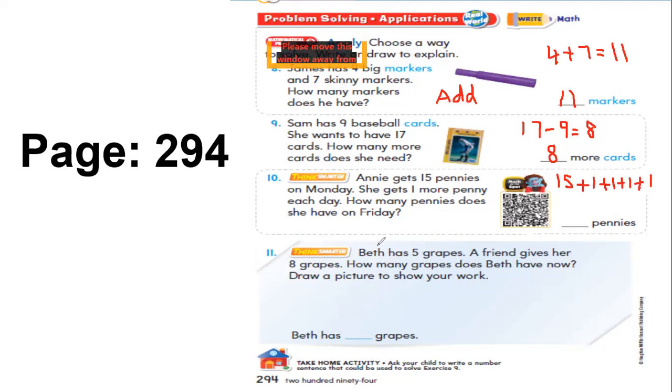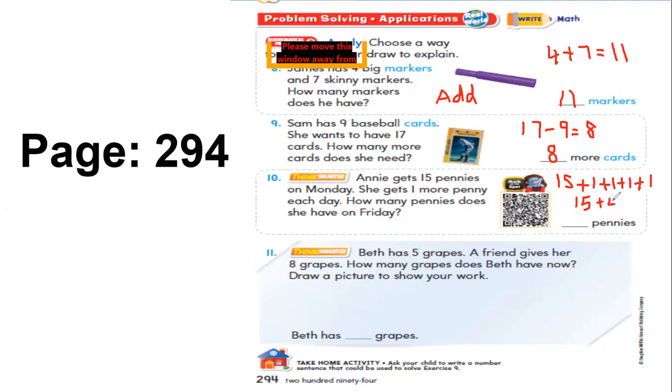So that is 4 days: Tuesday, Wednesday, Thursday and Friday. So 15 plus 4, or 15 plus 1 plus 1 plus 1 plus 1, because she's getting 1 penny each day.